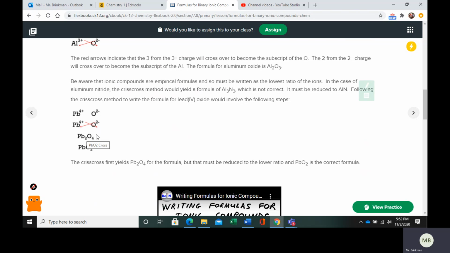We get O4, which gives us -8, so -2 plus -2 plus -2 plus -2 is -8. Overall, we have a neutral compound. But look at the subscripts. They're both divisible by 2. So if we divide each subscript by 2, we get PbO2.